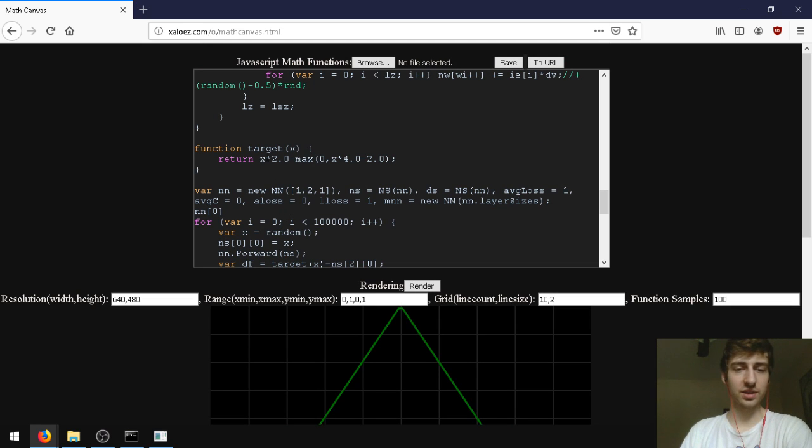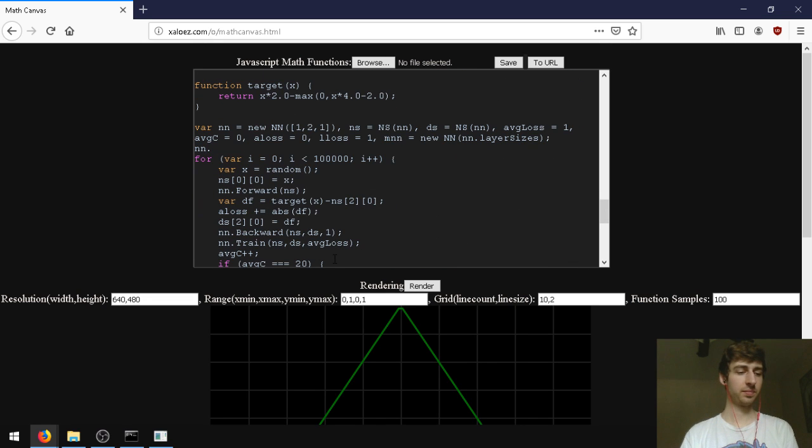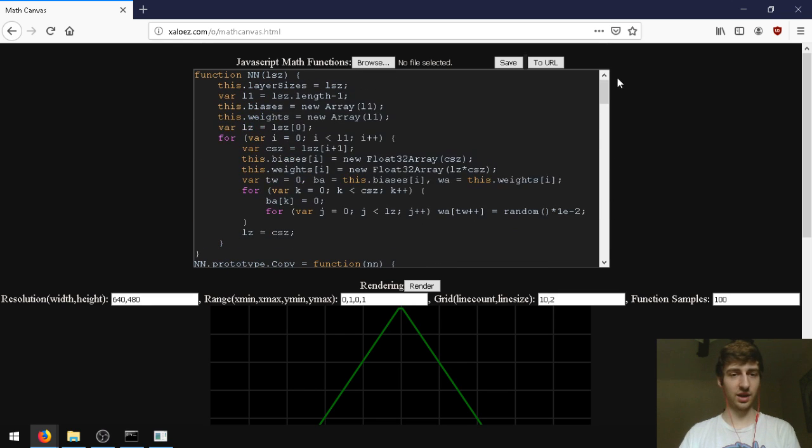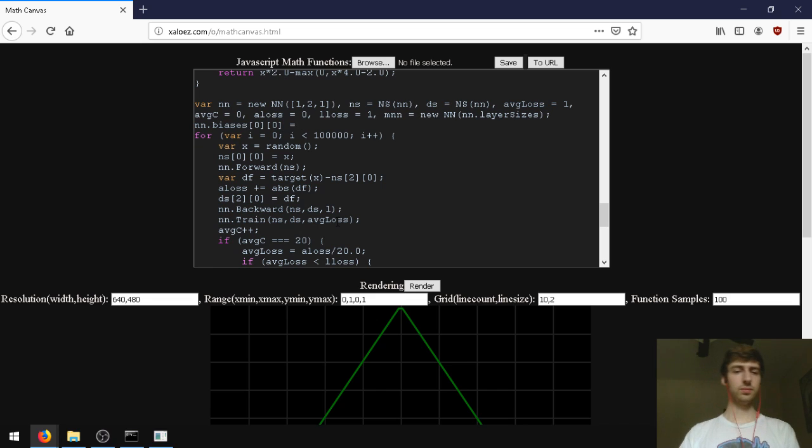So knowing that this is a neural network, we can fill in the first weights and biases manually. Let me just make sure I understand how this is working. So this is an array. Yeah, okay, so the biases and weights are each their own array. So this is the first hidden layer's first bias.